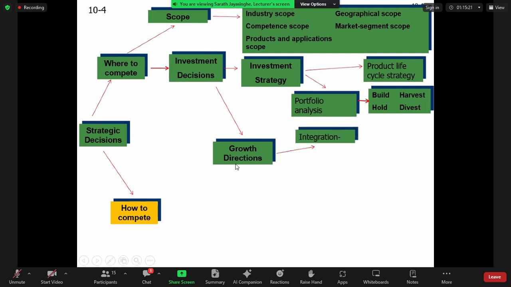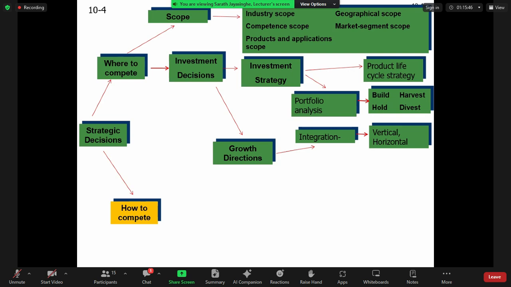Then investment decisions you can take, growth directions. You can think about integration. Under integration, you know that you are doing vertical integration and horizontal integration. You can develop your company further: you can acquire wholesalers, retailers, and also backward you can go. You can think about acquiring resource suppliers, right? Part suppliers.